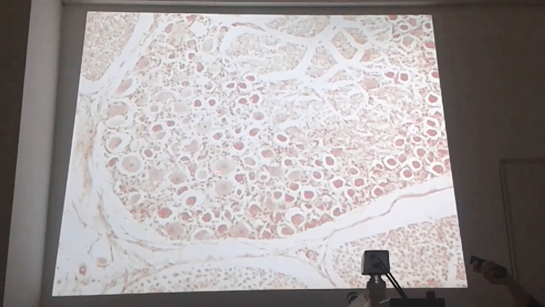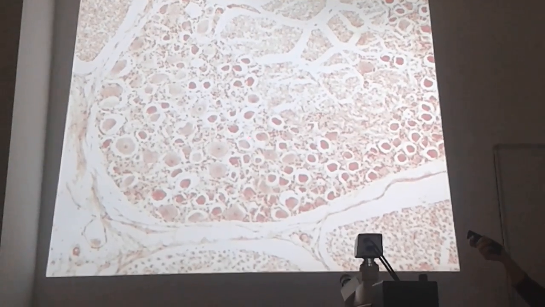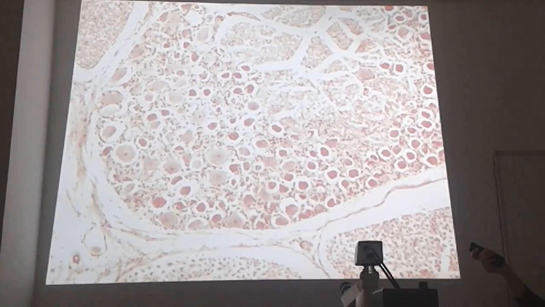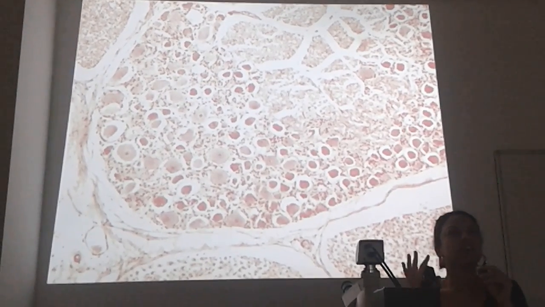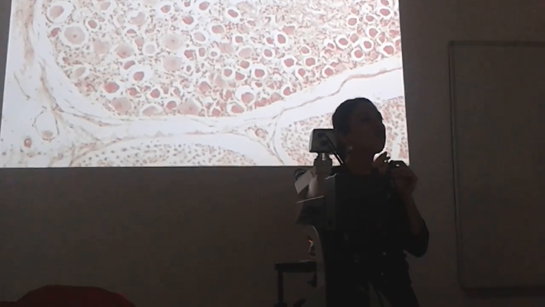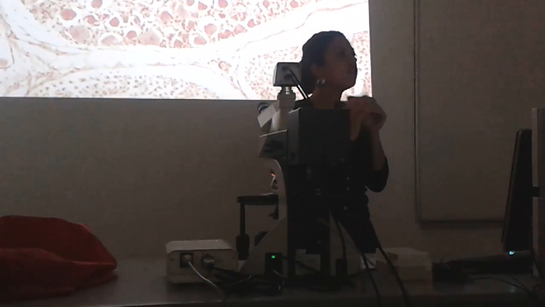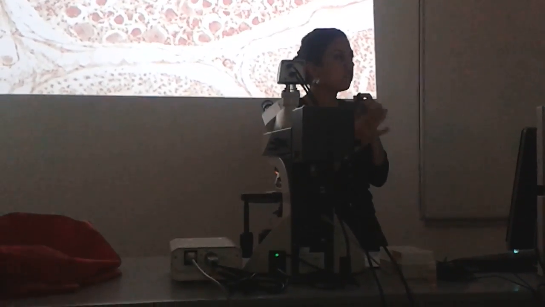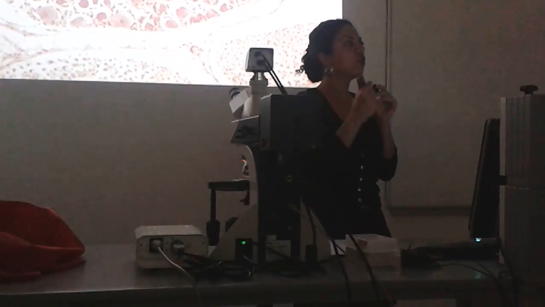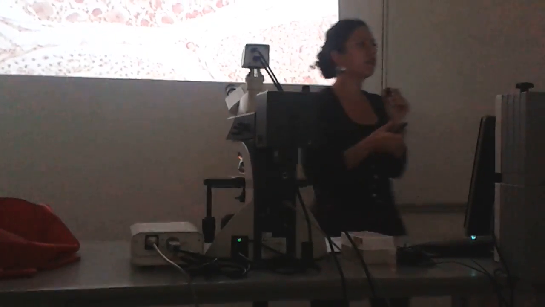All the cells in the dorsal root ganglion are ganglia. And these are all pseudo-unipolar, because they don't have axons, but they have a structure which resembles axons, okay? But in reality, these do not have true axons. They have structures which resemble axons. That's why we call them pseudo-unipolar cells, okay?